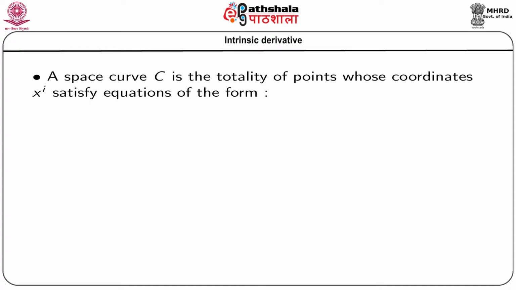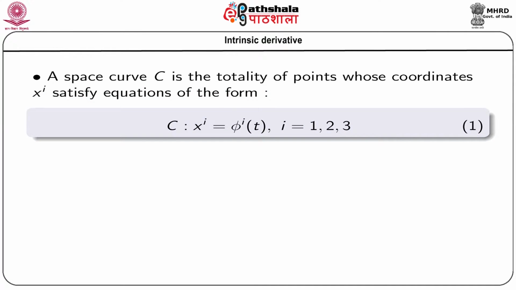A space curve is the totality of points whose coordinates xi satisfy equations of the form xi equals pi i of t, i equals 1 to 3. That means xi are functions of t, and there are 3 functions pi 1 of t, pi 2 of t and pi 3 of t.